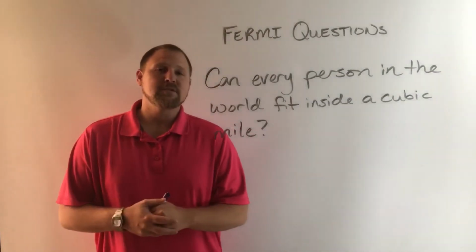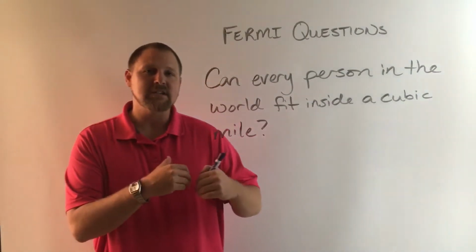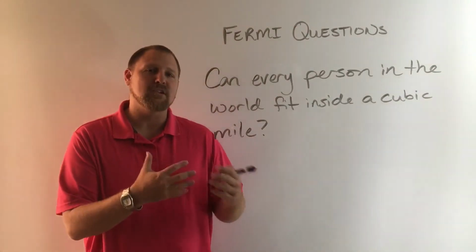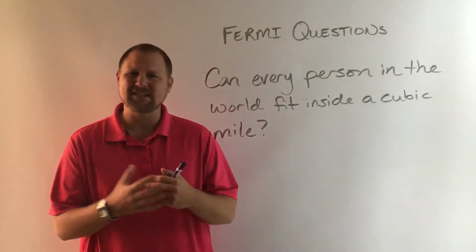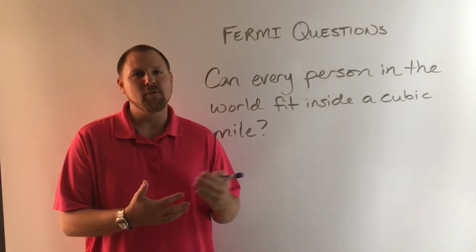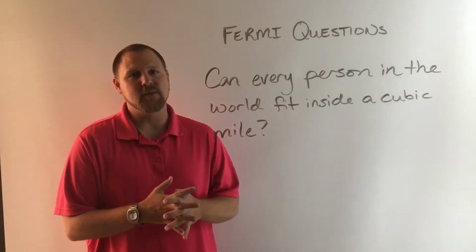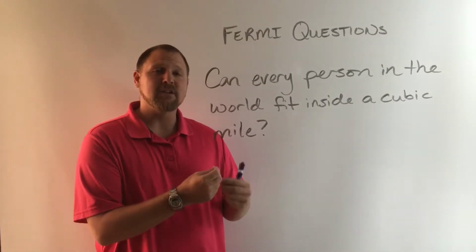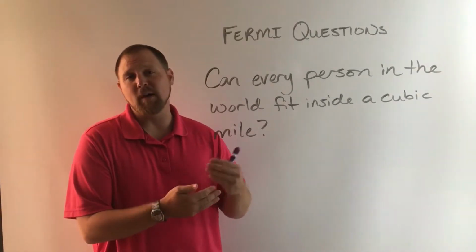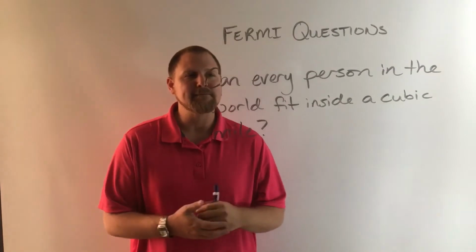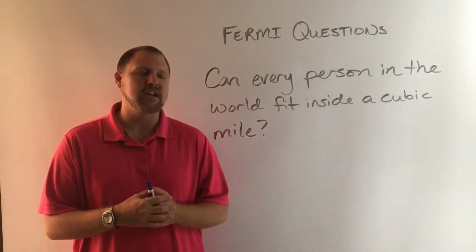The way that Fermi questions are approached when given this question is, how can you make some logical assumptions about this question? It doesn't necessarily ask you for an answer, but it gets you going in making those logical assumptions and maybe ways to figure out what you could do with an upper bound and a lower bound. So, can every person in the world fit inside a cubic mile?